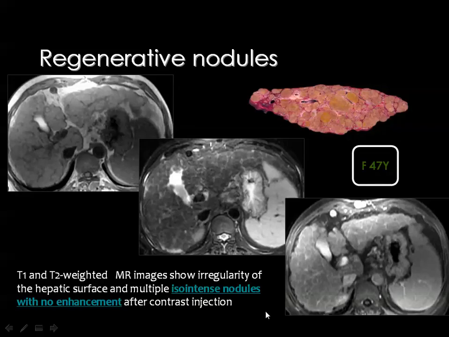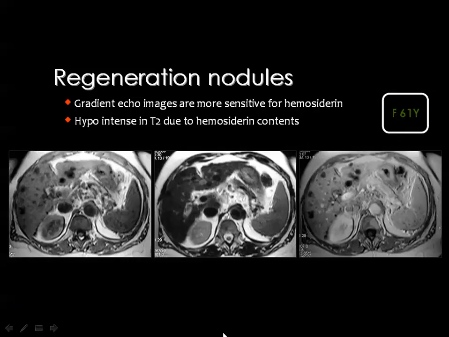Considering the issue of regeneration nodules, which are nodular lesions that show intermediate signal in the T1 and T2 weighted images, and they do not enhance with contrast media, identified particularly in the cirrhotic liver.